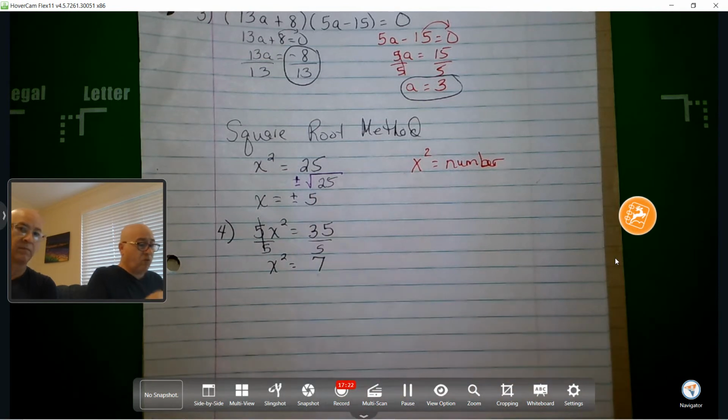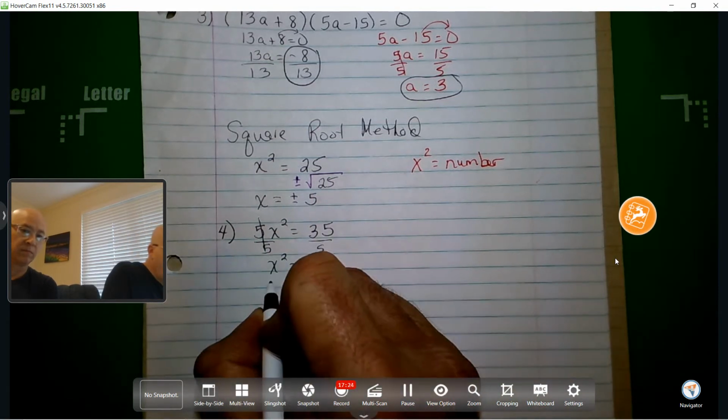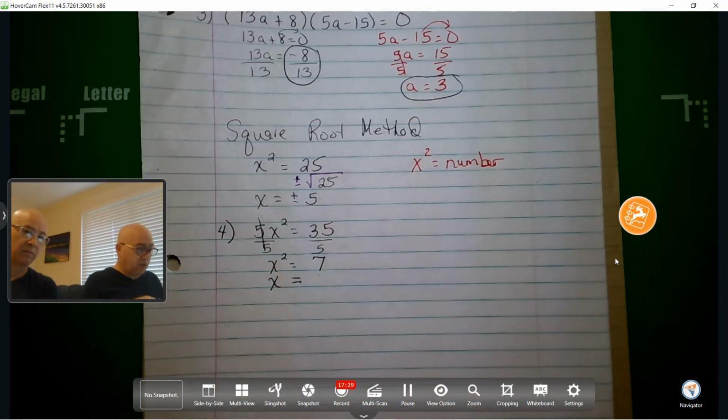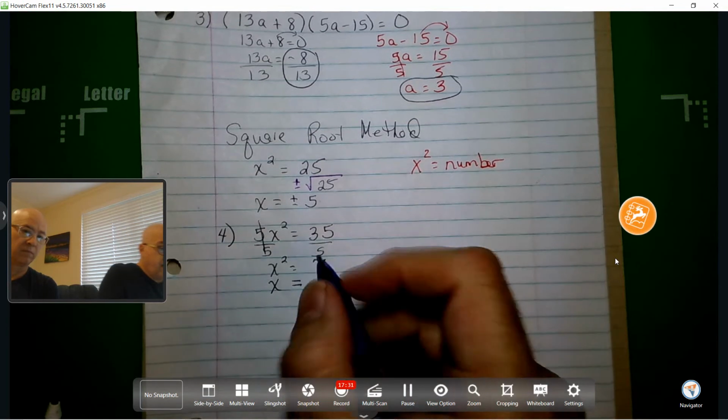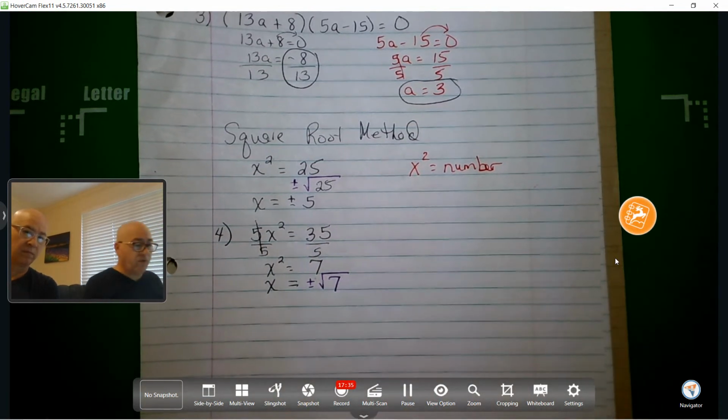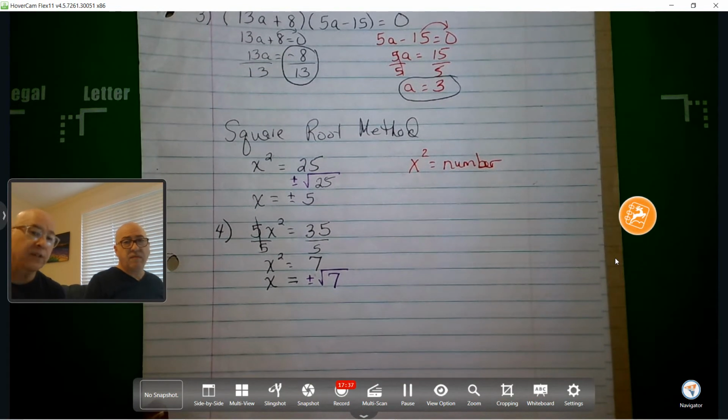Imagine taking square roots. It would cancel out the square. We've already mentioned how square roots and squares cancel each other out. And then take the positive and negative square root of the number on the right, 7. This brings out a good point. The square root method will give us irrational solutions as well.